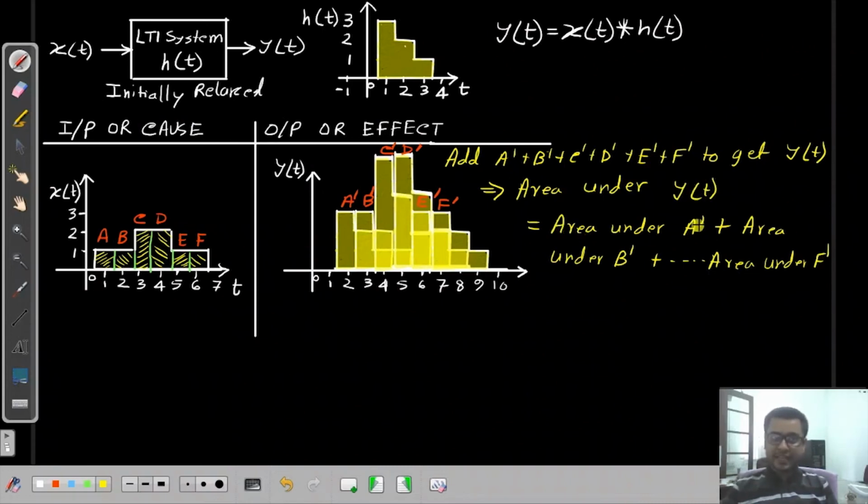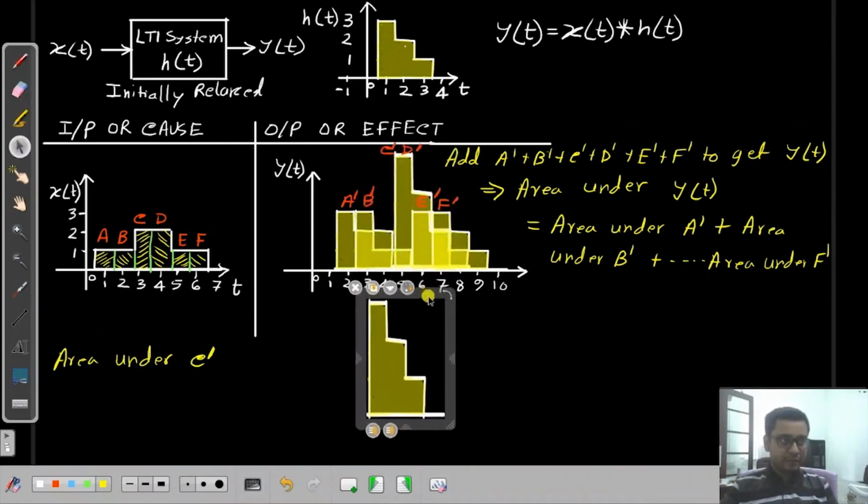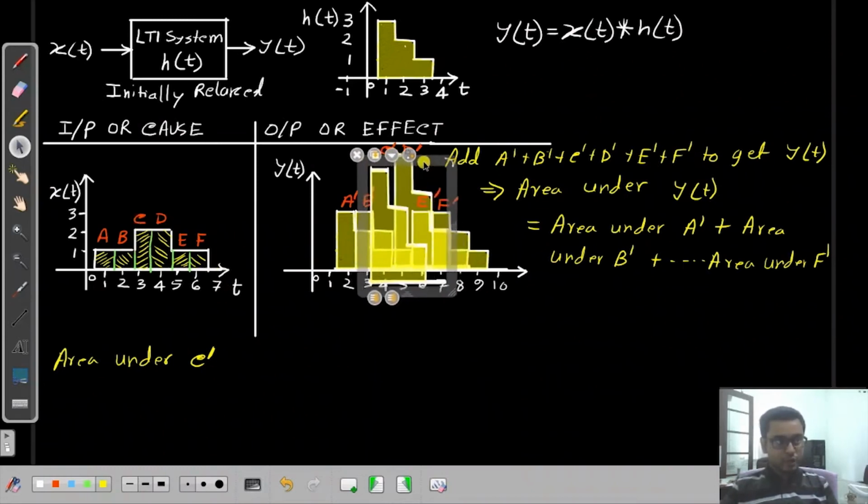Now how much is the area under A prime? Or let me consider say the area under C prime. So let me bring it out. So this is C prime. This is the effect due to this particular impulse. So how much is this area?